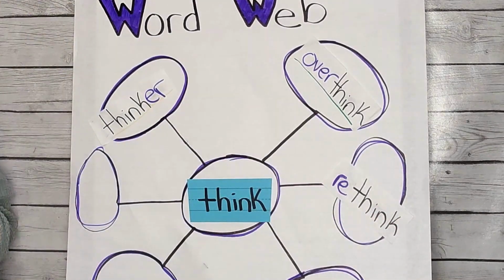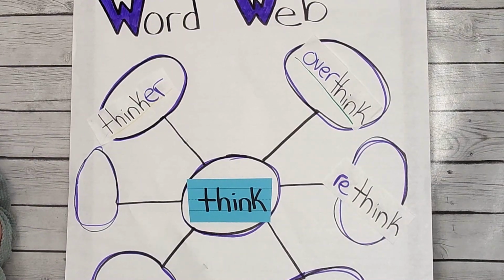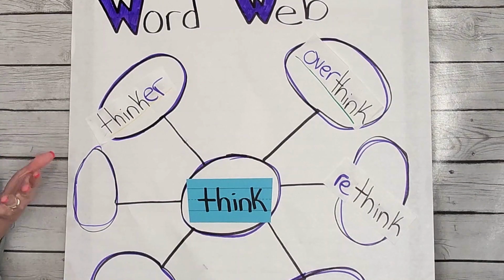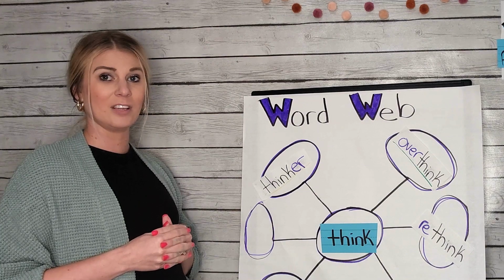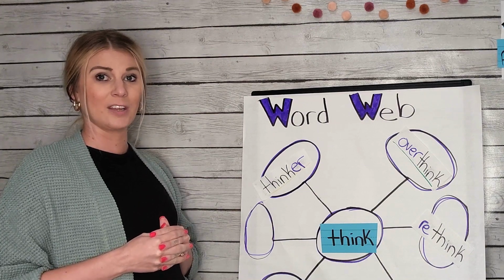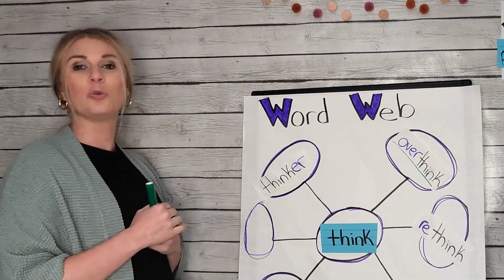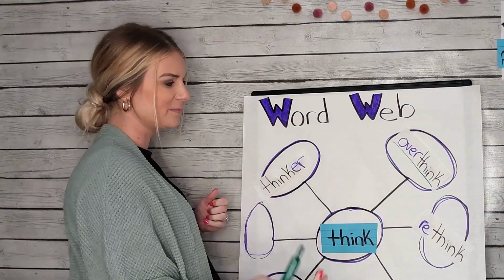Do you remember what our prefix re means? That's right, to do again. So to rethink means to think again. I had to rethink my choice of not cleaning my bedroom, my mother told me. I'm going to underline this word green also, because it's another verb, an action word, something we do.